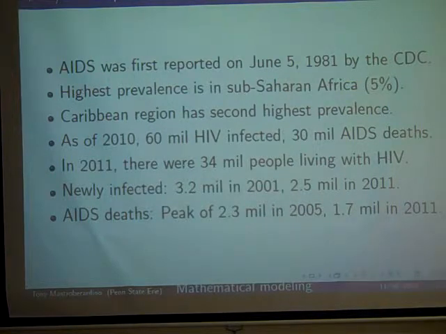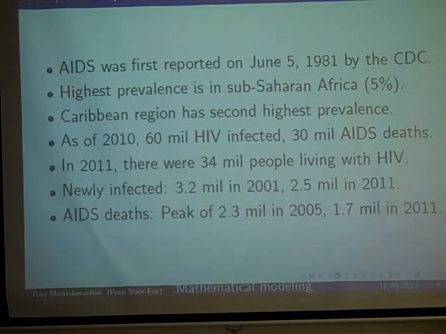The region that is most affected by AIDS is sub-Saharan Africa, with a prevalence of 5%. This region accounts for roughly 2/3 of all those that are infected and 2/3 of all those that have died from AIDS. The Caribbean region has the second highest prevalence. It's about 2%. Haiti and the Bahamas are at 3%. They're at the high end. And Cuba, of course, is part of the Caribbean.